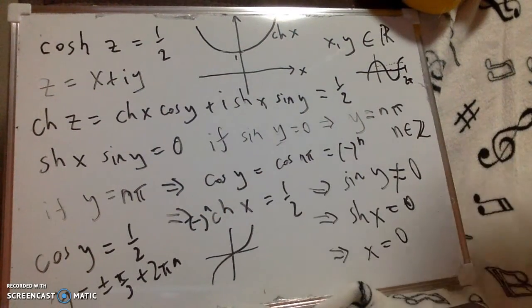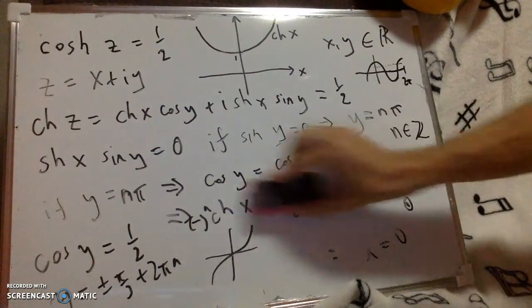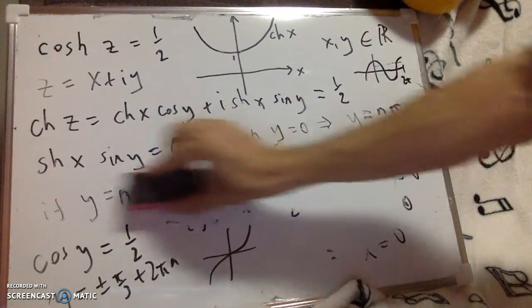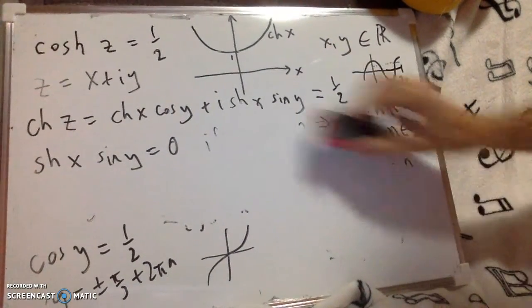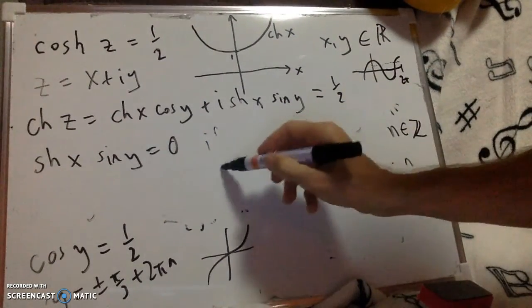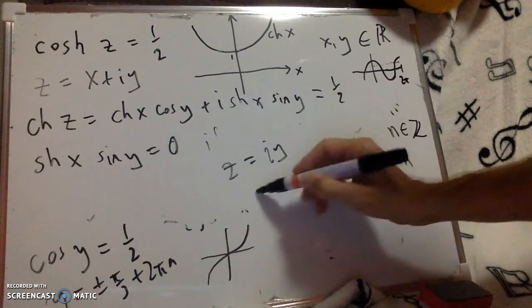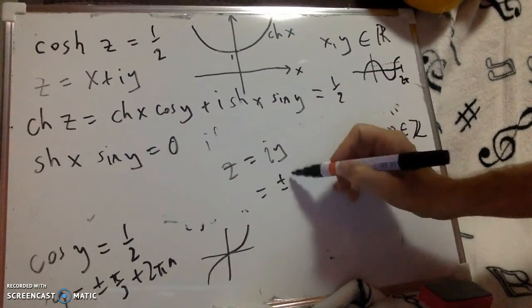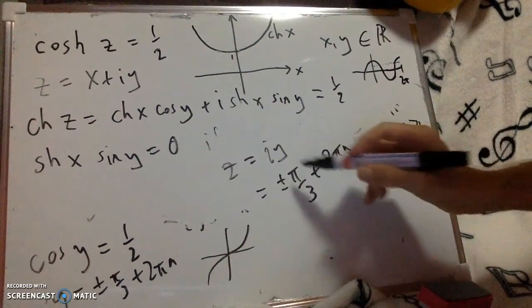So our final answer to this question is that z, x we've shown is 0, so z is equal to iy, which is plus or minus pi by 3 plus 2 pi n.